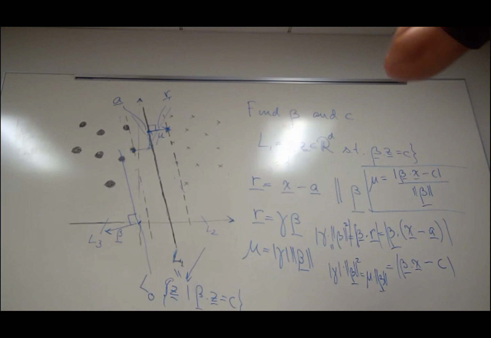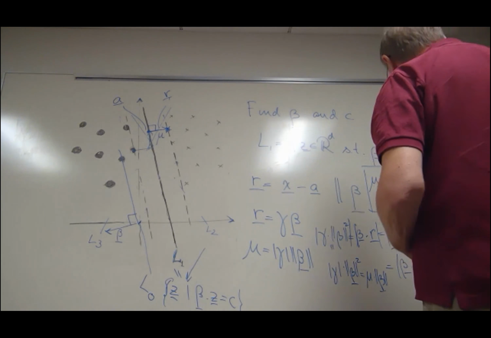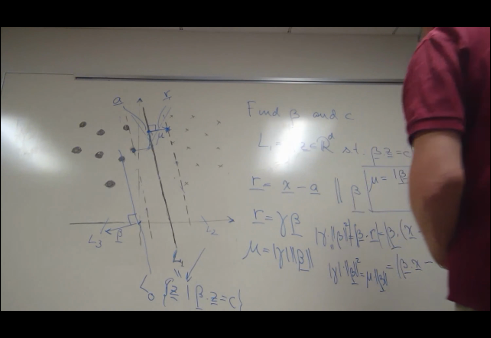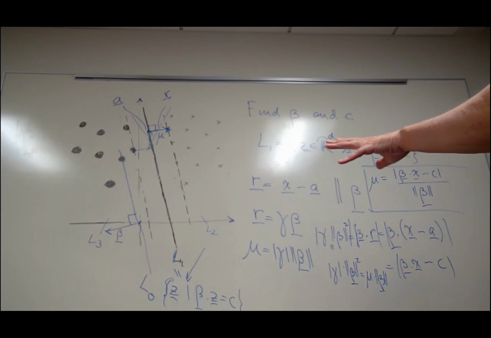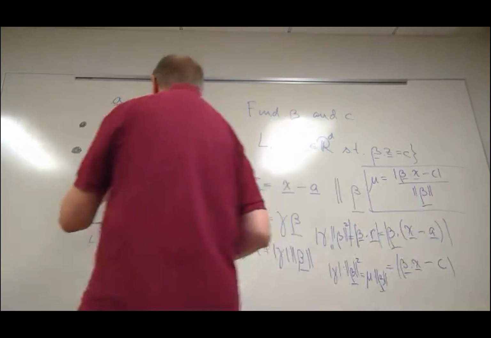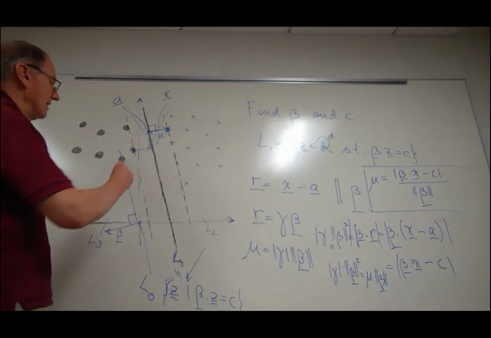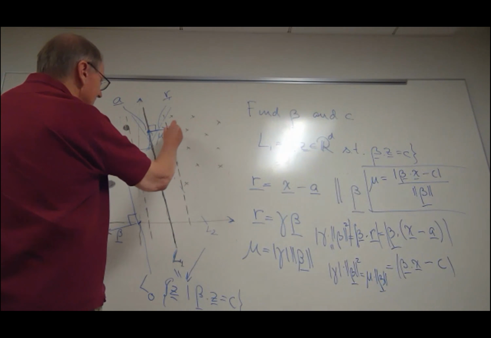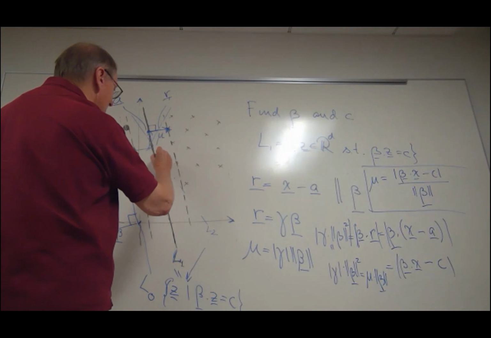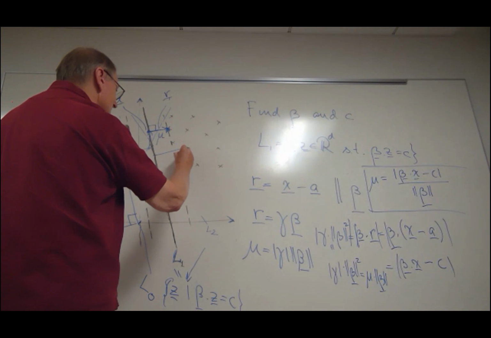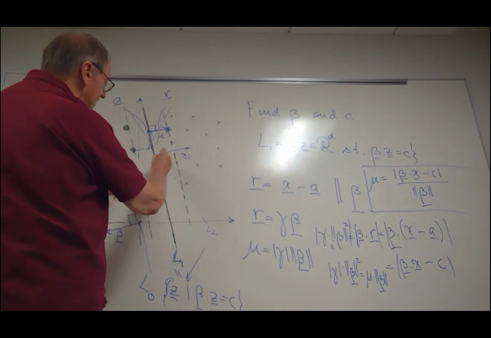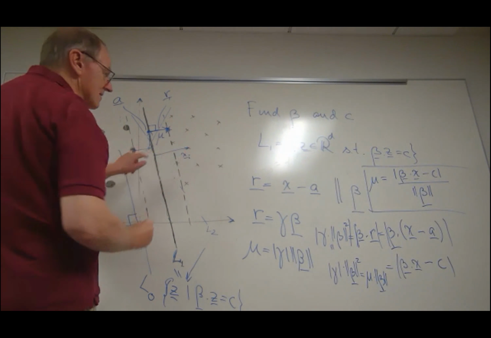So what I then have is that all the other points in the data set are further away than this point here. If I take a point xi here, they'll be further away than this.